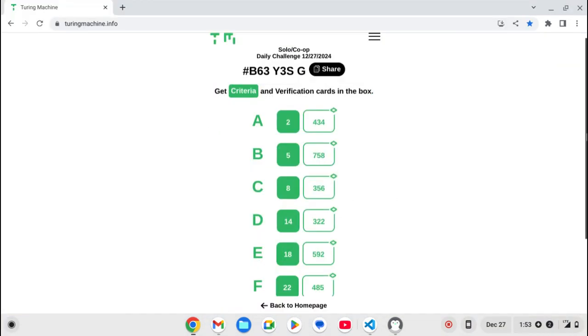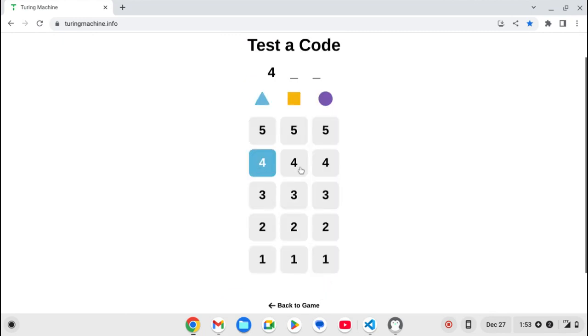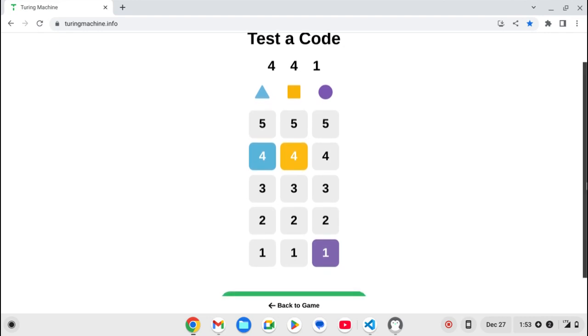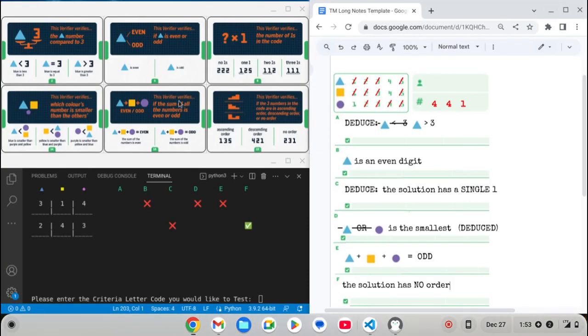So 4-4-1. So very interesting. 4-4-1. Okay, fantastic. Well, how did we do versus a Turing machine? Well, it is a 6 criteria card puzzle, and we only did it in 5, so that's very promising.